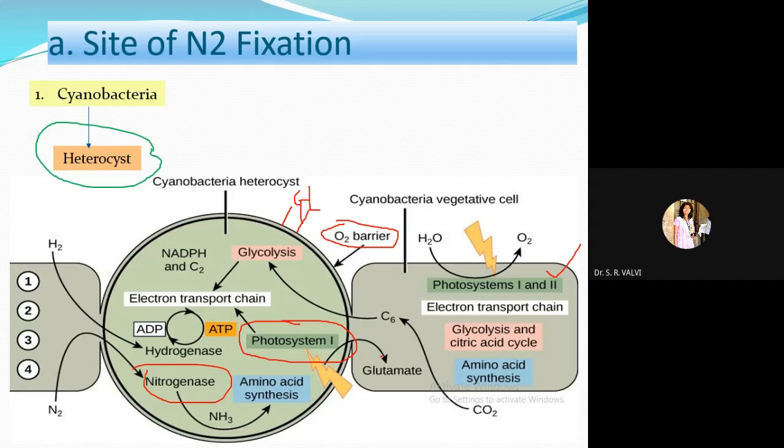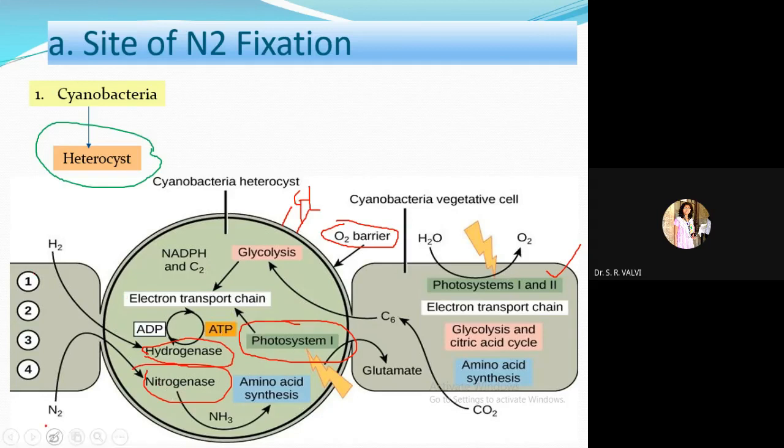And apart from it, whatever oxygen will evolve by this photosystem 1 will be taken up by whom? Hydrogenase. Meaning even if the oxygen enters into this cell, this oxygen will be taken up by the hydrogenase enzyme, and then this hydrogenase enzyme will form H2S, meaning substrate combined with the hydrogen will be formed, and then that will be removed out of this heterocyst, and then nitrogenase will carry out its reaction.